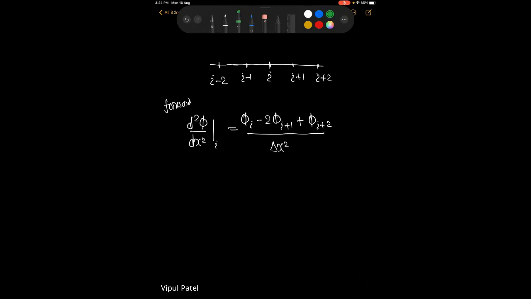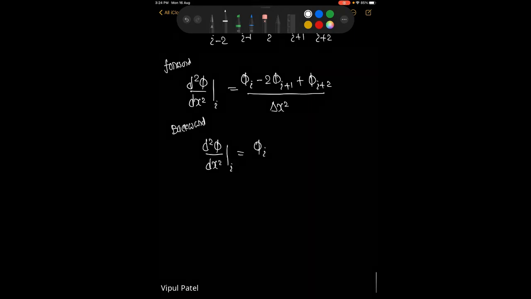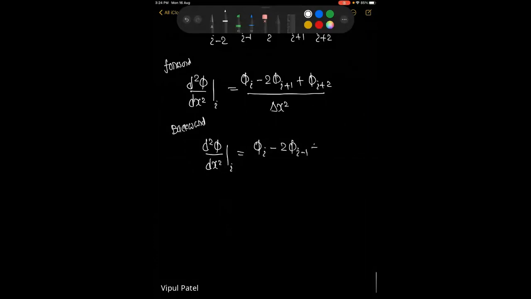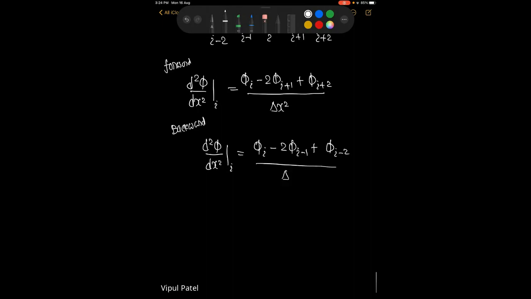Okay, so if I mark the points which are used in this formulation, then this is I plus 1 and I plus 2. Right? This is our one-sided approach. And similarly with backward difference approximation, I got d square phi by dx square at any node I as phi I minus 2 phi I minus 1 plus phi I minus 2 divided by delta x square.